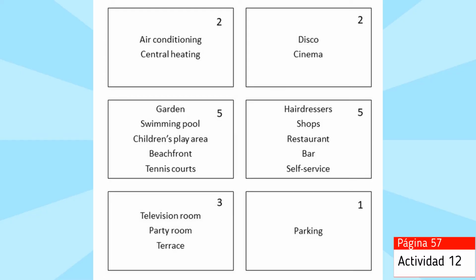So the best way to do that when you've got una lista grande, como 18 palabras, is to put them into groups. Agrupar las palabras. Maybe something like this. Then instead of having una lista de 18, you've got a few lists of a lot smaller groups, which are much easier.